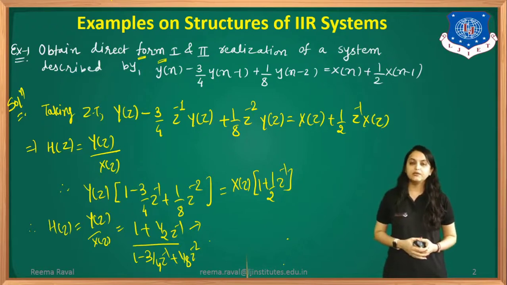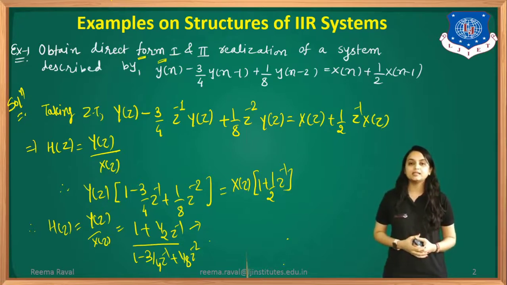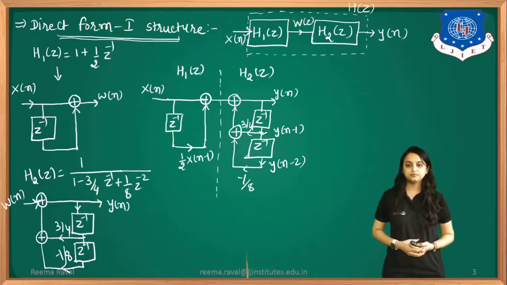Now using this, we can obtain direct form 1 and direct form 2. How can we obtain direct form 1? We know the concept of direct form 1: the numerator is taken as H1 of z and 1 upon the denominator is taken as H2 of z. So let's take that and try to solve the equation.